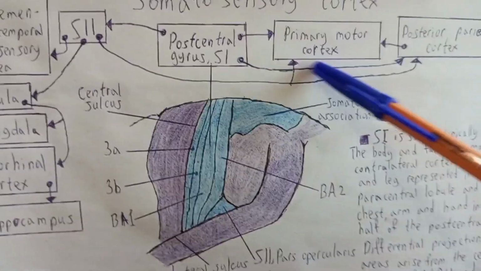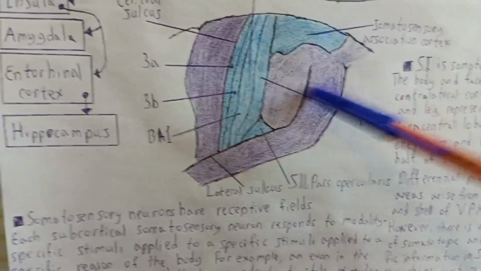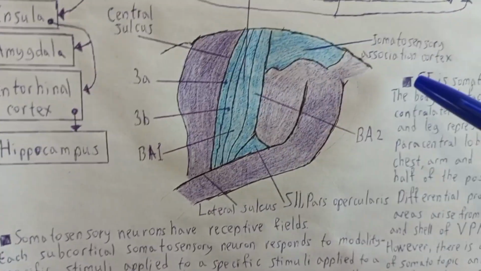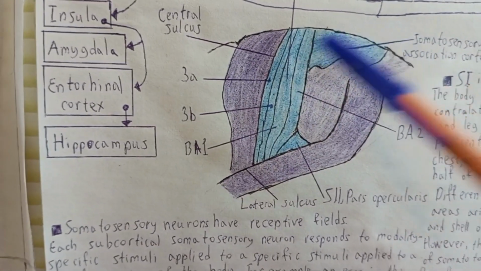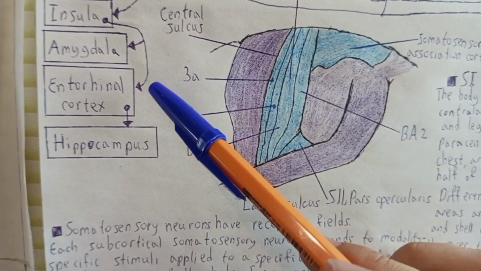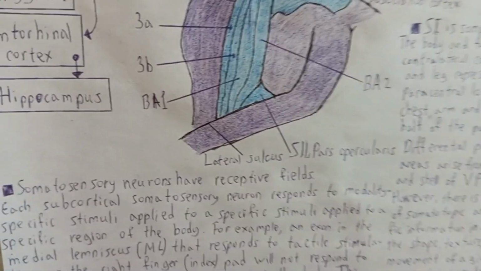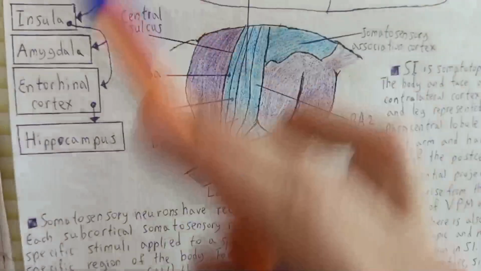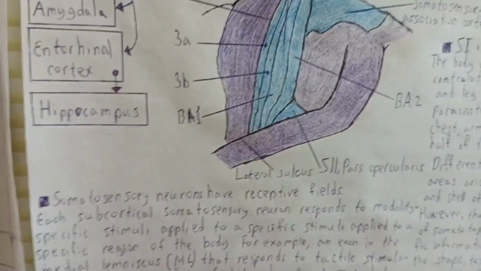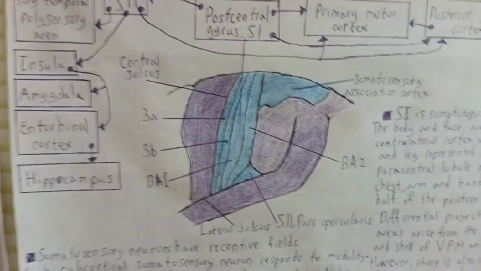This is the posterior parietal cortex, which is kind of here, also this one, and then this one can go to primary motor cortex directly, and this region also can go there directly. There are so many connections, really. This is kind of difficult to understand. It is not precise, but it is very close to reality, because I remember very good sources from which I learned that.